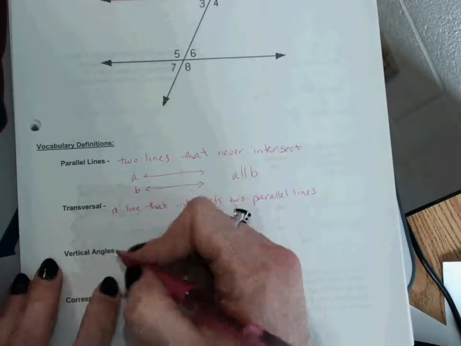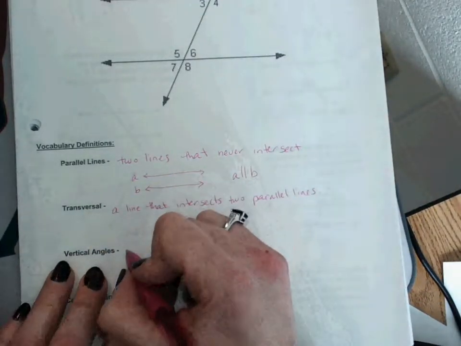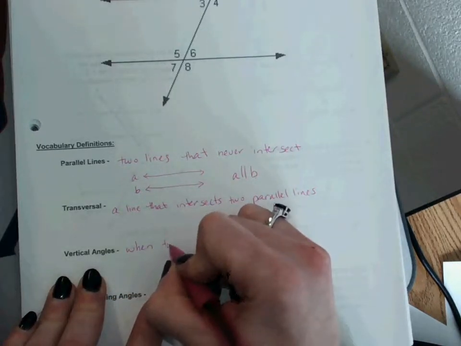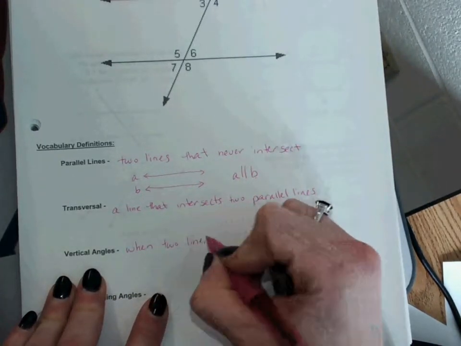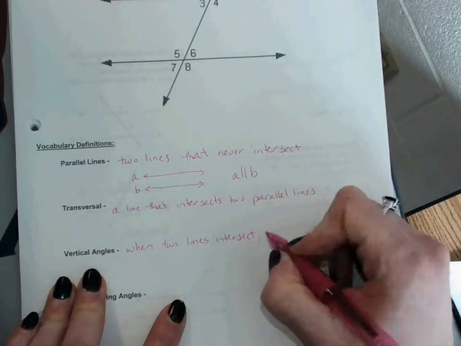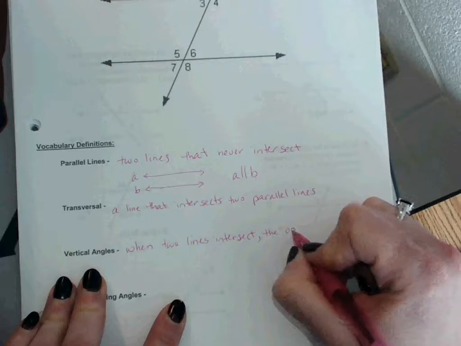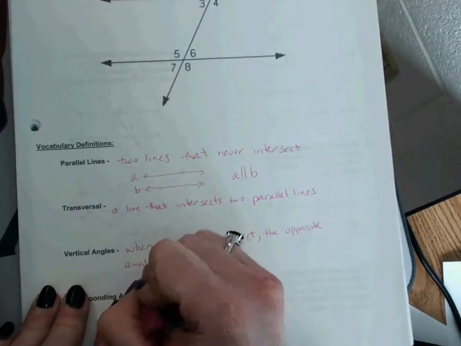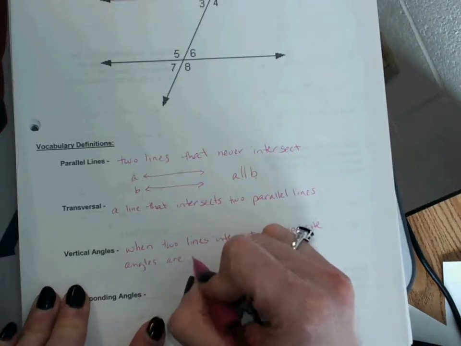Vertical angles are formed when two lines intersect. The opposite angles are vertical.